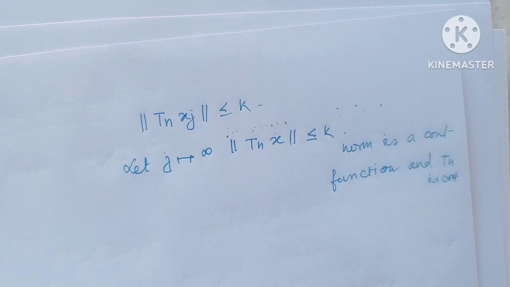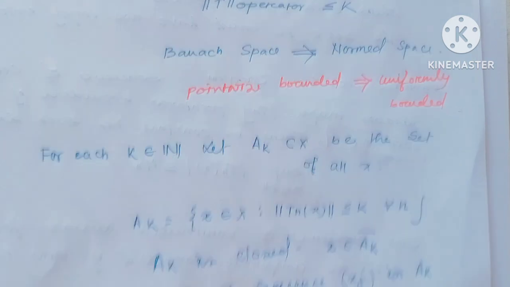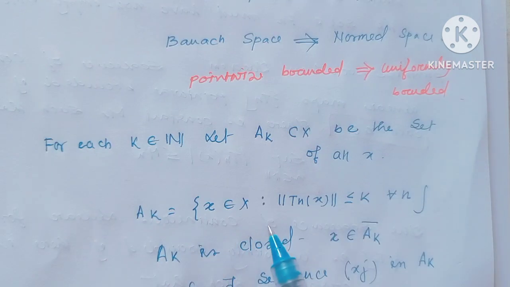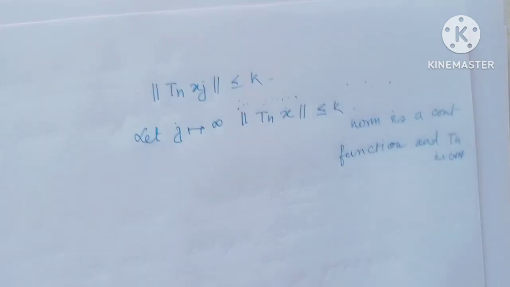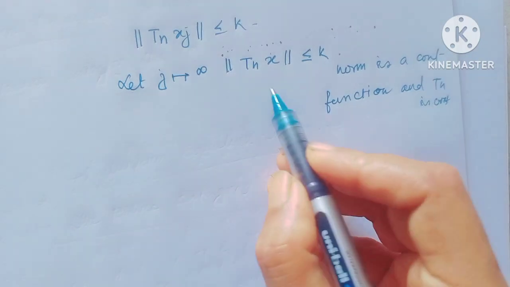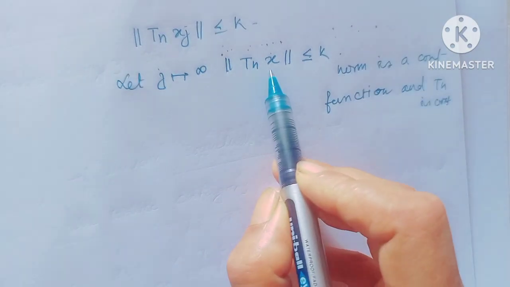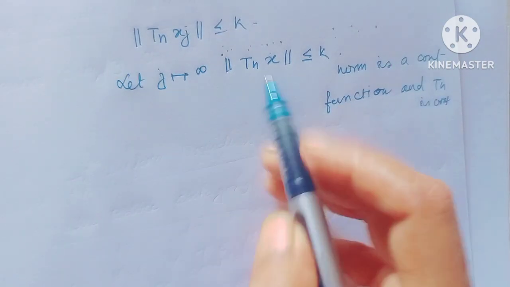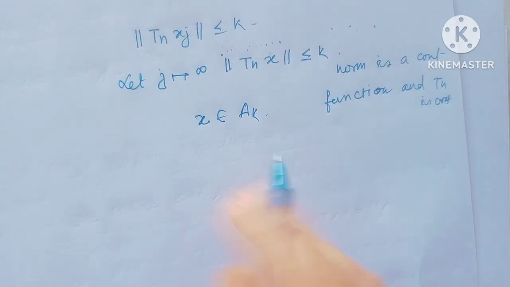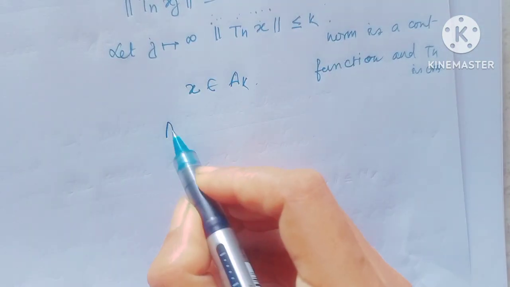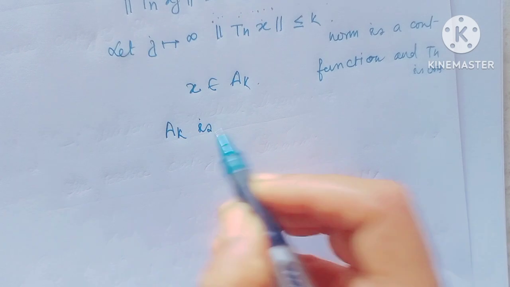Then since Ak is the set of those x in X such that norm Tn x is less than or equal to k for all n, that means x belongs to Ak, and Ak is closed.